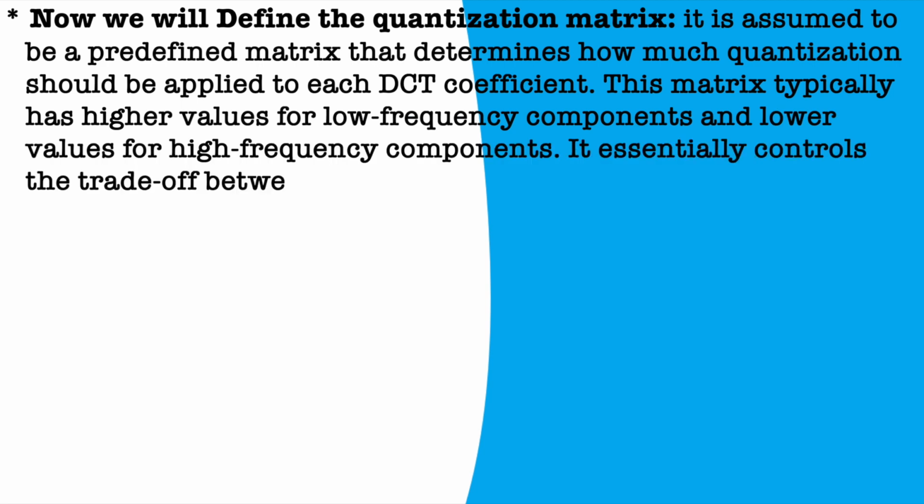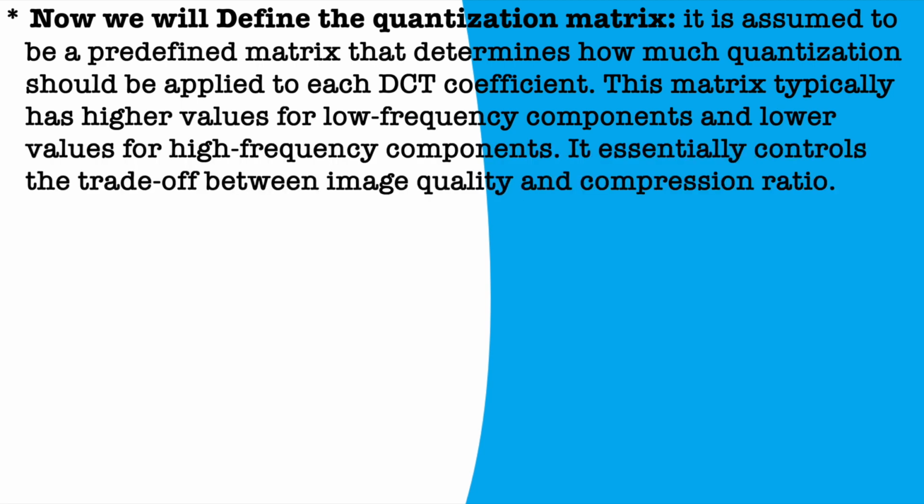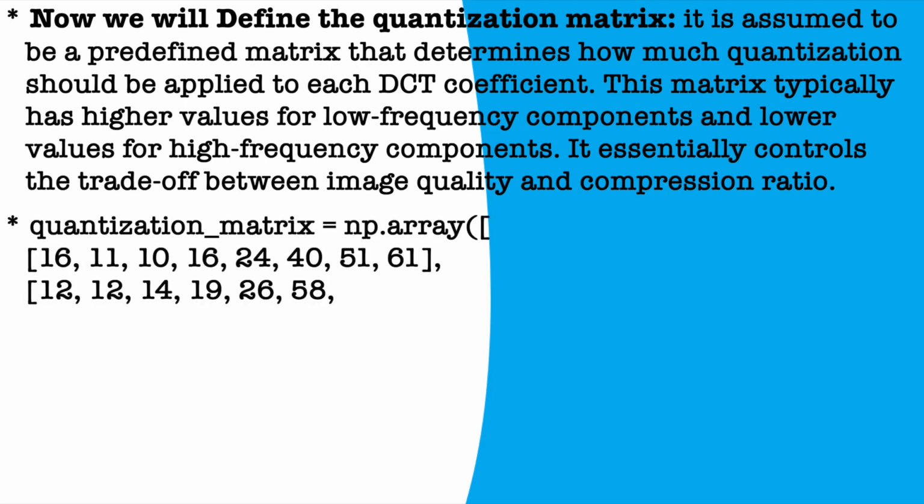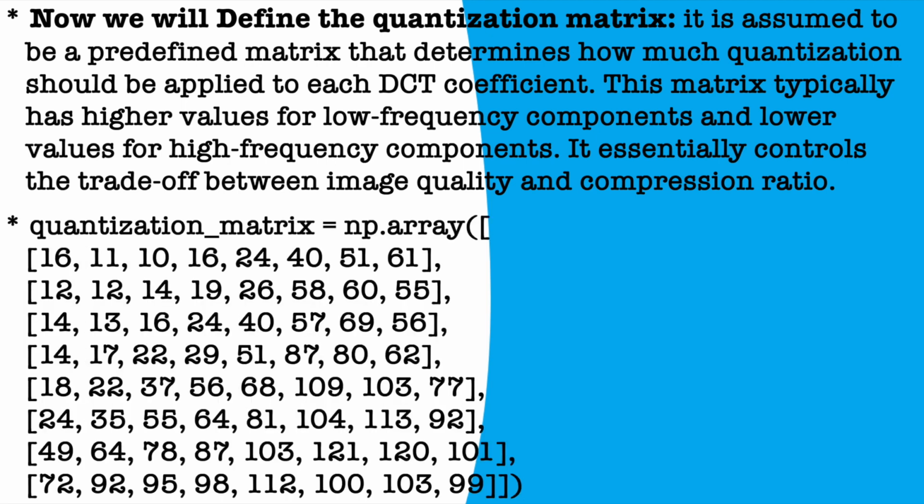Now, we will define the quantization matrix. It is assumed to be a predefined matrix that determines how much quantization should be applied to each DCT coefficient. This matrix has lower values for low frequency components and higher values for high frequency components. It essentially controls the trade-off between image quality and compression ratio.